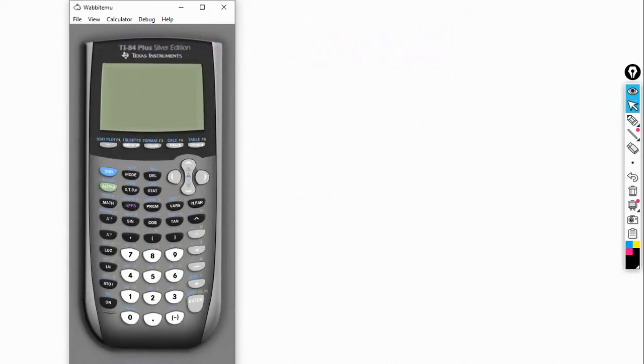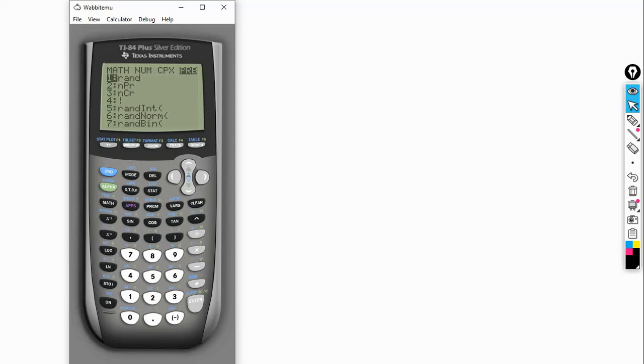Okay, so here we are with the emulator, and I'm going to show you how to do a combination, which is what would give us a coefficient for one of these terms when you expand the binomials using the binomial theorem. So go to Math, and then scroll to the right where it says Probability, PRB, and notice that the third function you have is the combination, nCr, number 3.